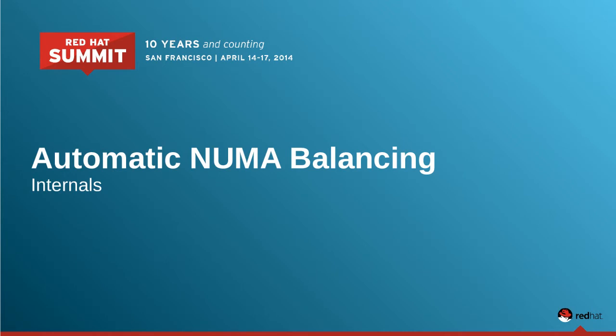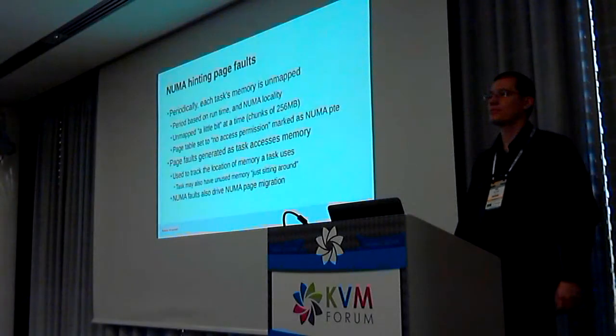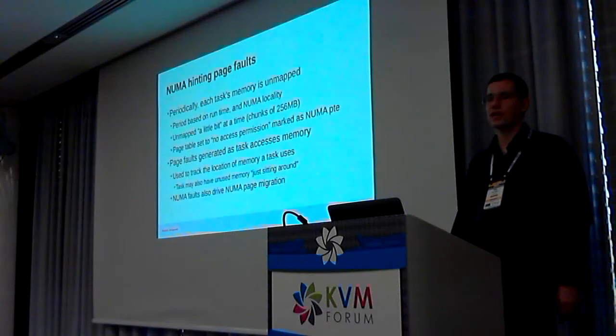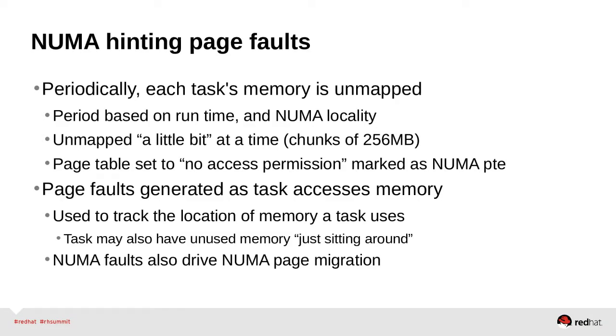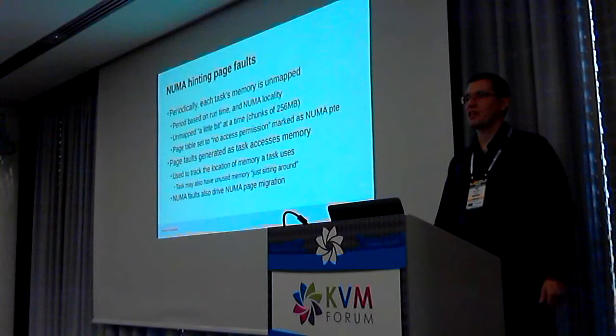It all starts with the page faults, and we'll slowly get into more and more complicated details of the NUMA code. Periodically, we simply go through the memory of each process that is running on the system, and the program will unmap a little bit of its own memory over time. It does that while running in kernel space. And we do that by simply clearing all the permission bits in the page table.